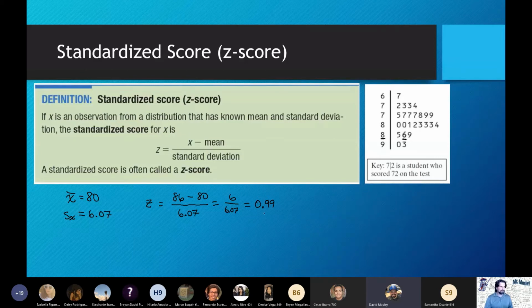So this number here says how many standard deviations the score of 86 is from the mean.